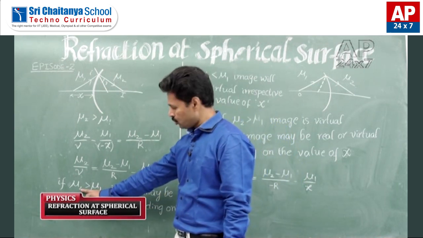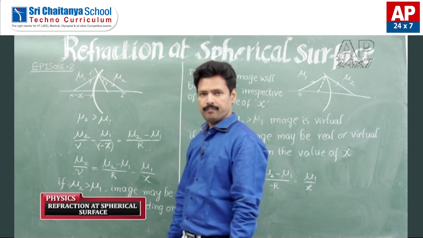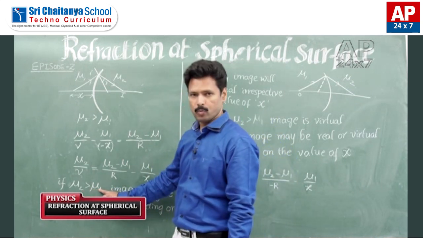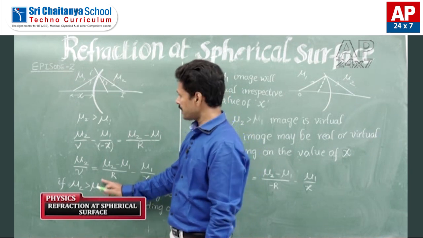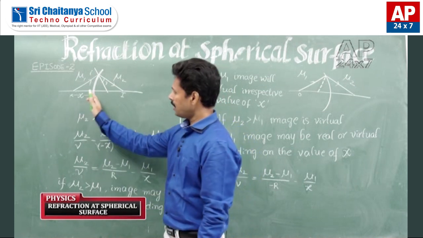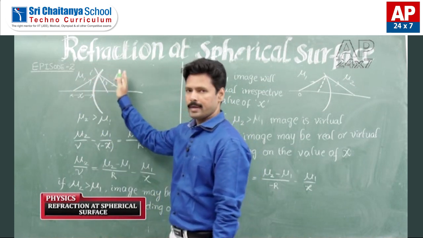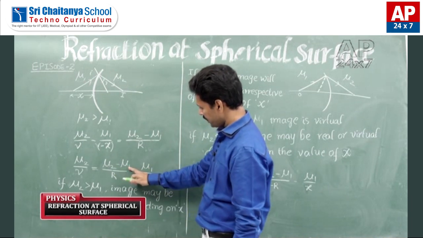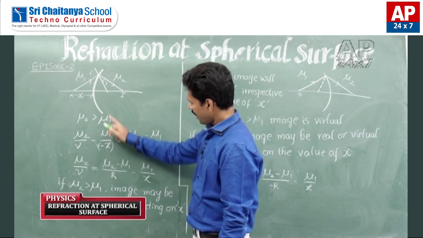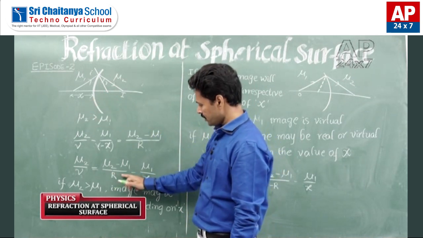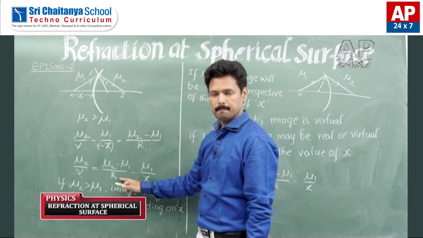If we take mu2 greater than mu1, that means rays are entering into the denser medium, and the object is in the rarer medium. In such a case mu2 minus mu1 is positive, and according to our sign convention r is also positive, so this total value is positive.